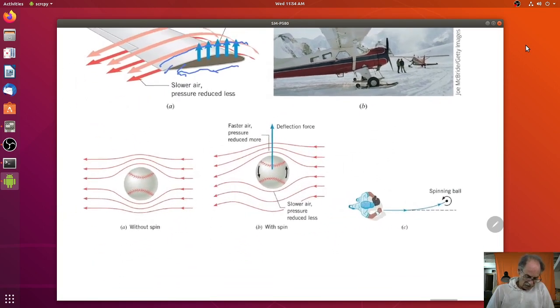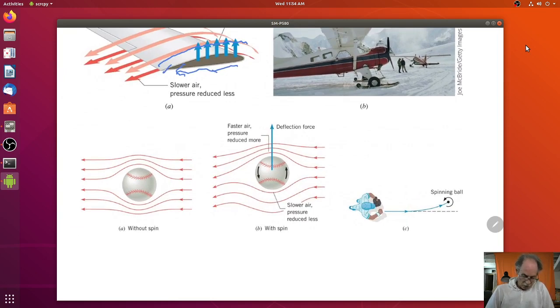This is totally wrong. I left it in here because I just wanted to point out to you that the Bernoulli effect causes a spinning ball. If the ball is spinning like this, which it is for a curved ball, Bernoulli says that the ball would go this way. It's not the Bernoulli effect at all.